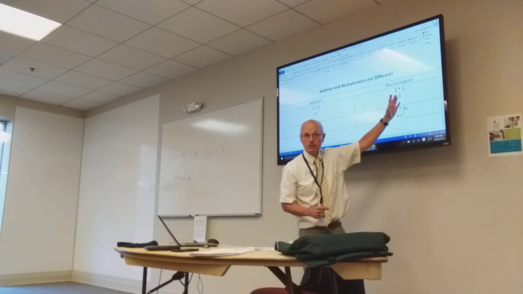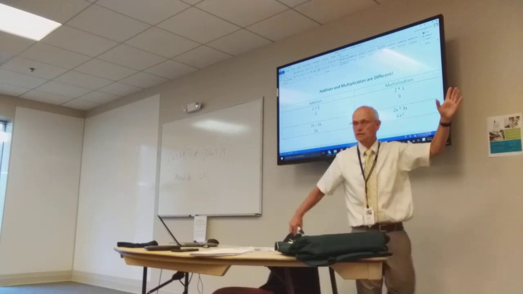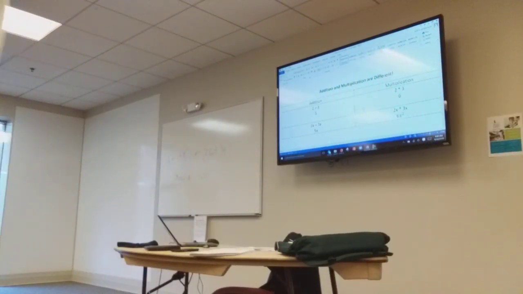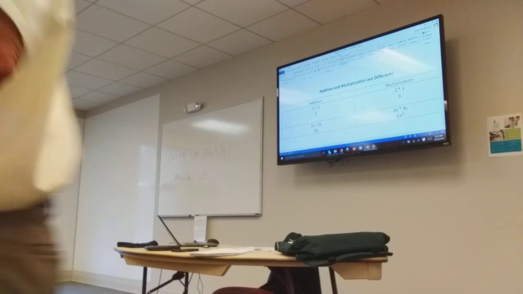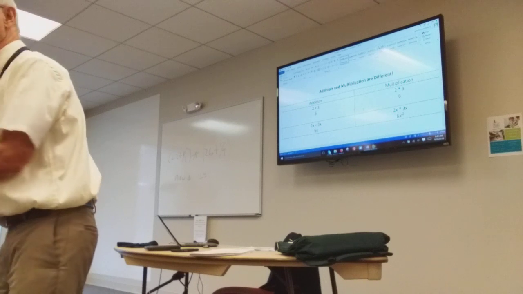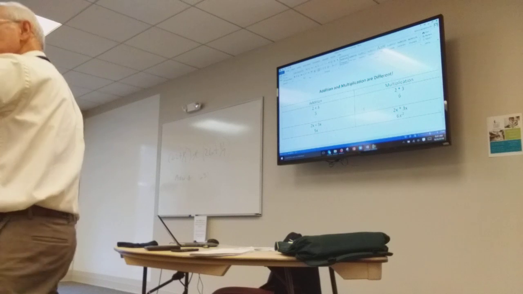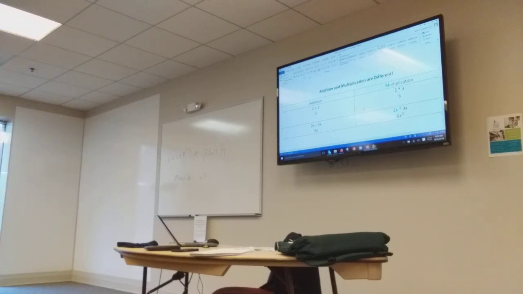How you multiply is different. 2 times 3 isn't 5. It's 6. I want you to go back to being 5, 6 years old, and you're in elementary school, and you walked in, and the teacher says, we're going to learn math. And on that first day, they taught you that 2 plus 2 is 4. I got it. You walked in the next day, and they said, I'm going to teach you multiplying. 2 times 2 is 4.